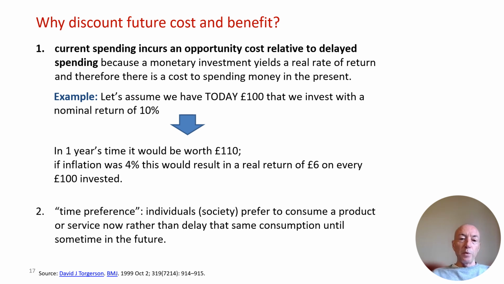So for example, if we have £100 today that we invest with a nominal return of 10%, then in a year's time it will be worth £110. If inflation was 4%, this would result in a real return of £6 on every £100 invested. So current spending would incur an opportunity cost relative to delaying the spending and getting that real return.